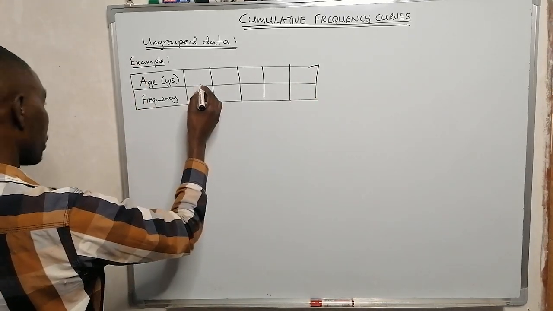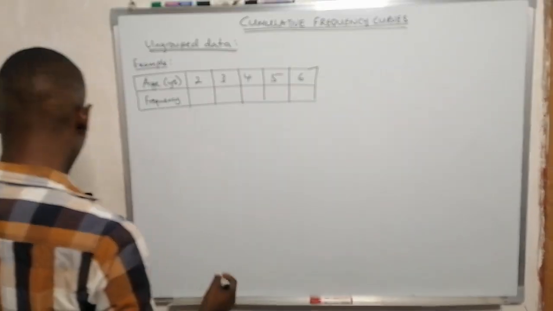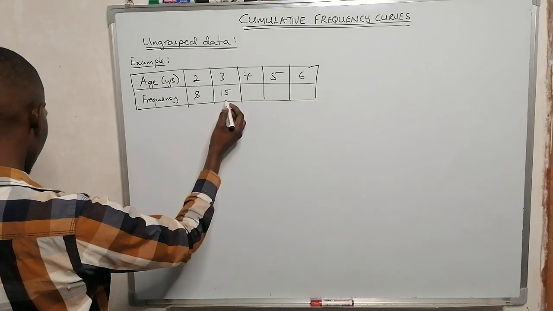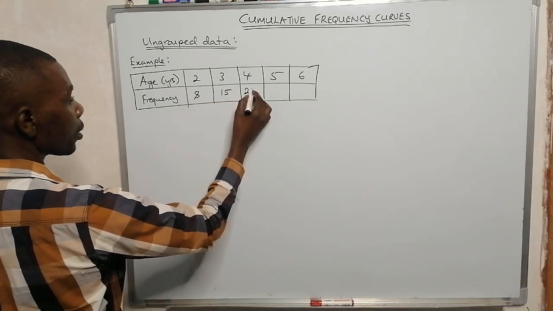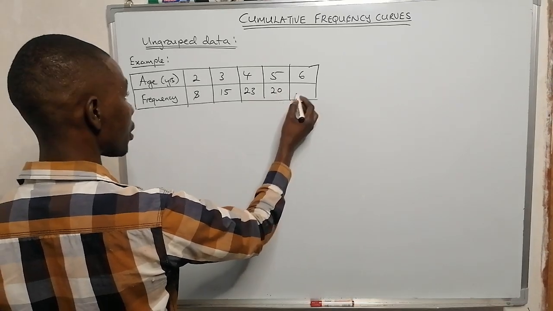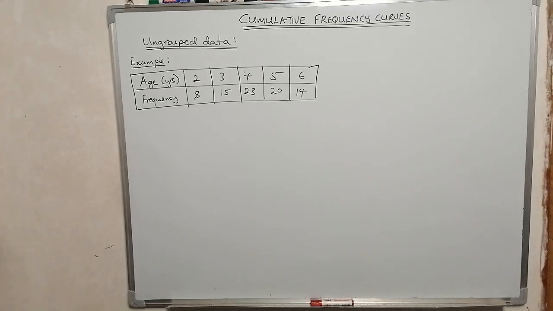Right here we have 2, 3, 4, 5, and 6. Here we have 8, 15, 23, 20, and 14.